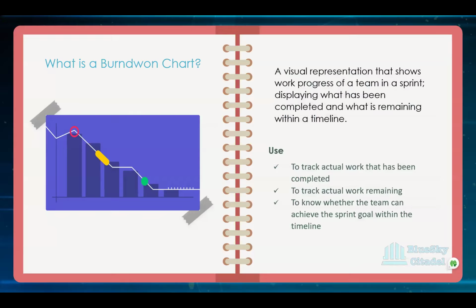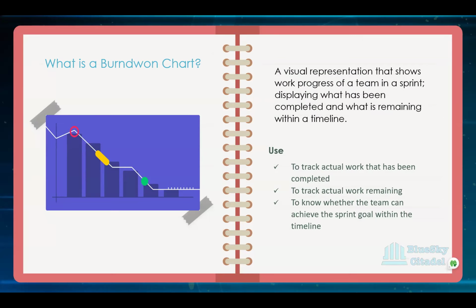Okay, so we're starting off with the burn down chart. When we look at the burn down chart, what do we mean by burn down chart? So mainly it displays the team's remaining work and time available to complete it. So it's a visual representation that shows work progress of a team in a sprint.